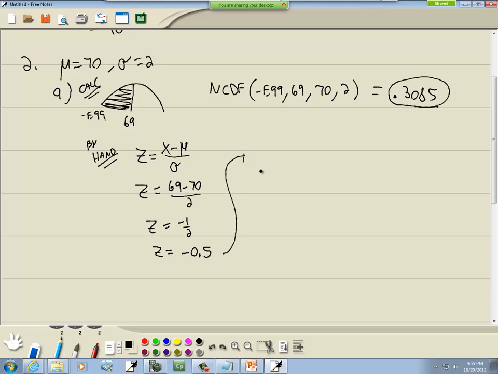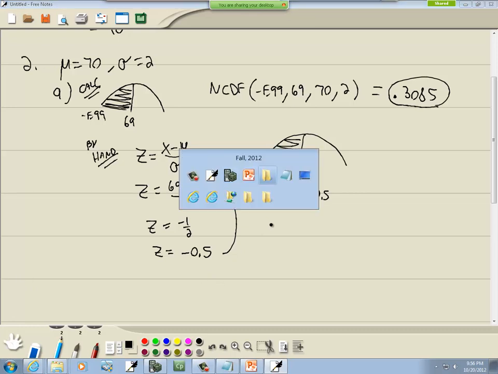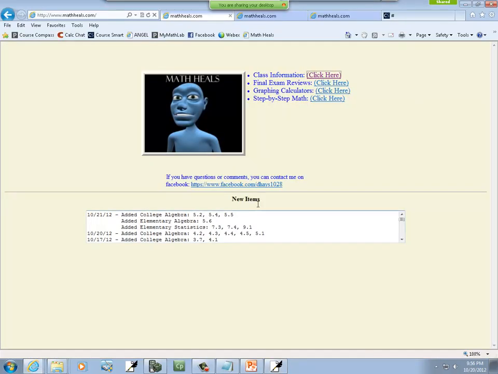Now our picture looks like this. We have z equal to negative 0.5, and we're shading to the left, which is perfect for our tables because it's based upon area to the left. So let's go look at our tables.